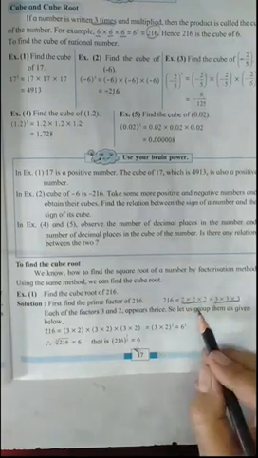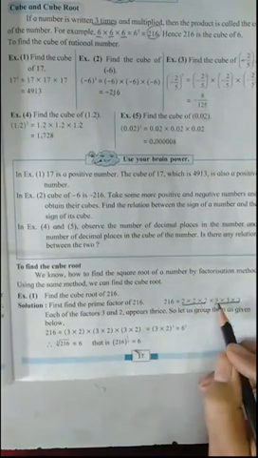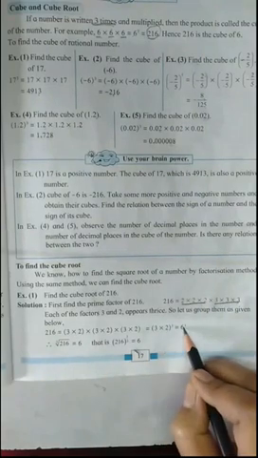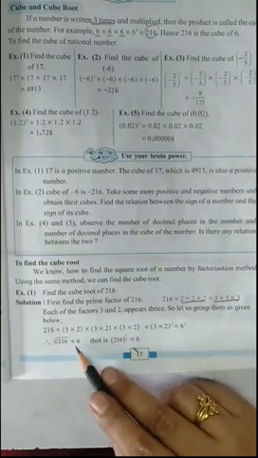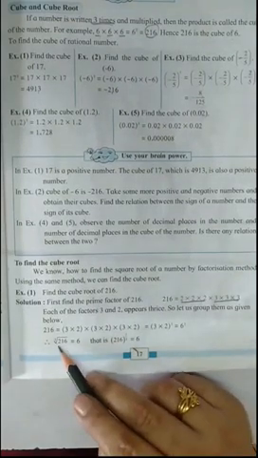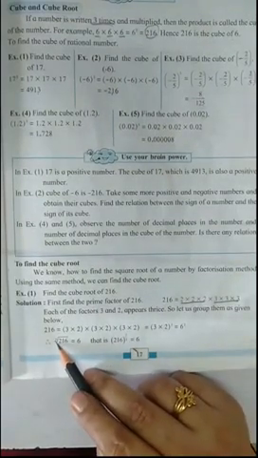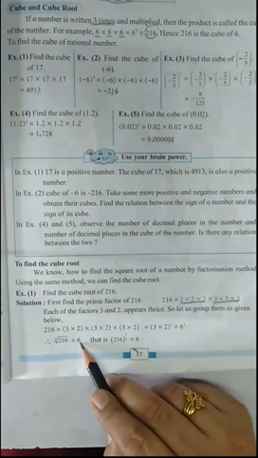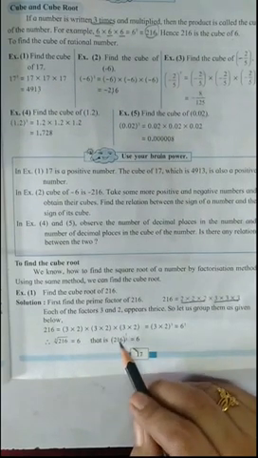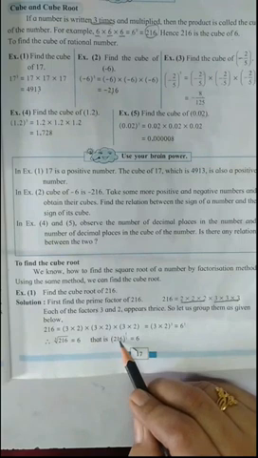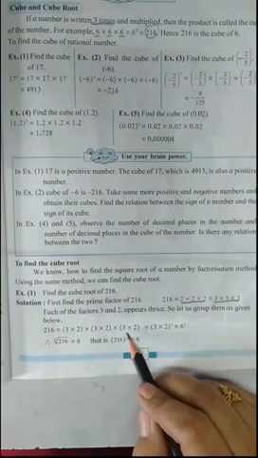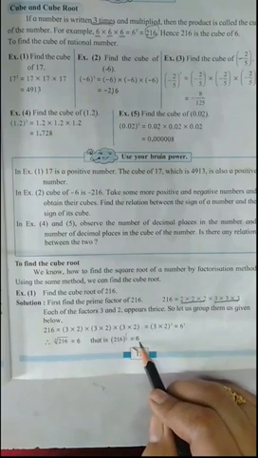So, 2 from this group and 3 from this group. So, 3 2s are 6. So, this is the cube root. Therefore, cube root of 216 is equal to 6. If we write in the indices form, then 216 raised to 1 upon 3 is equal to 6.